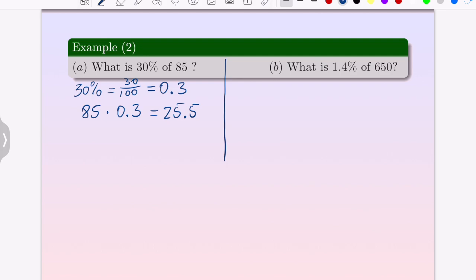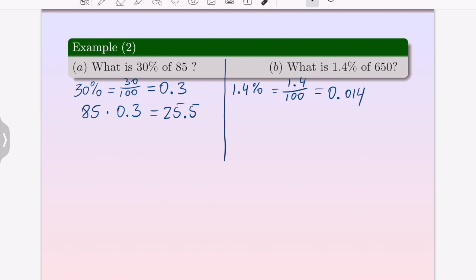Similarly here, first we need to change the percent into decimal. So we would have 1.4%, this is 1.4, always out of 100. If we divide 1.4 by 100, it's 0.014.